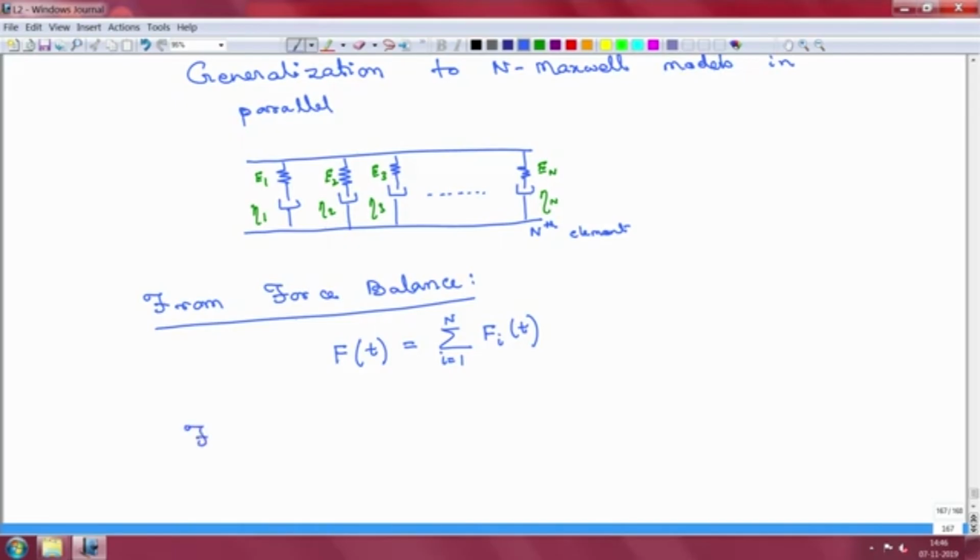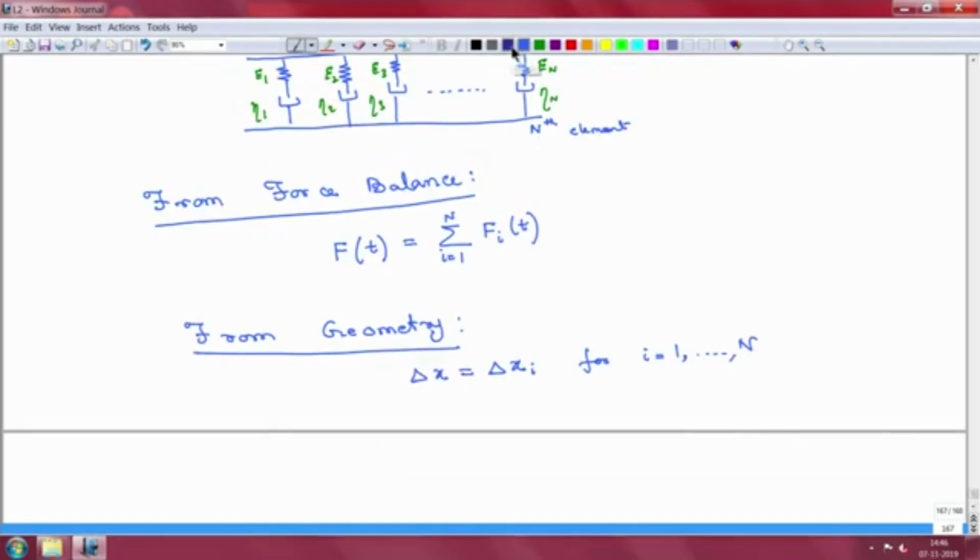Similarly, from geometry, you will have the constraint that the system displacement is the same as the displacement of all the individual elements. So, I can write that delta x is equal to delta xi for all i from 1 to n.